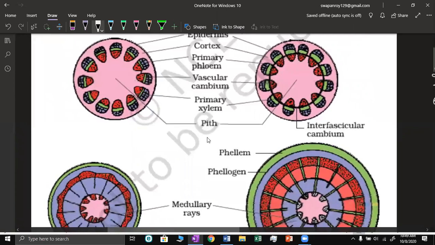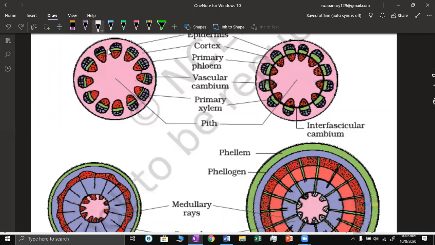See, here is a diagrammatic representation of the stem, showing the different steps in secondary growth. These are the vascular bundles, arranged in a ring. This is the primary structure of the dicotyledonous stem, where the vascular bundles are arranged in a ring.